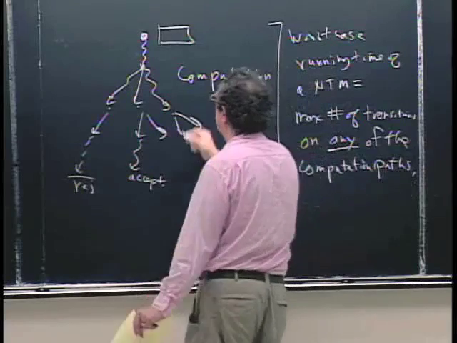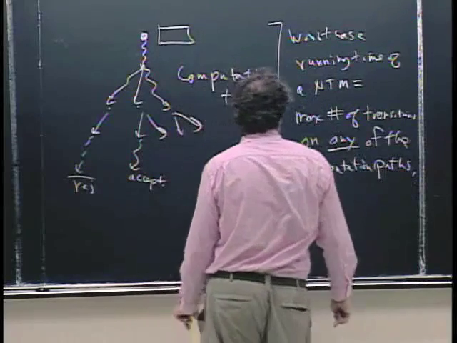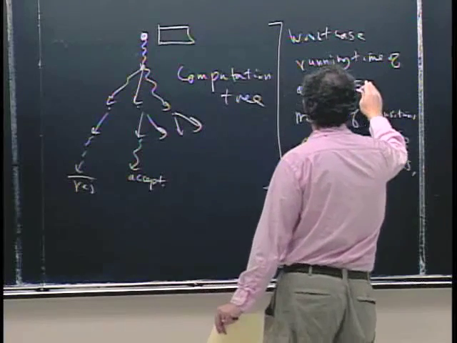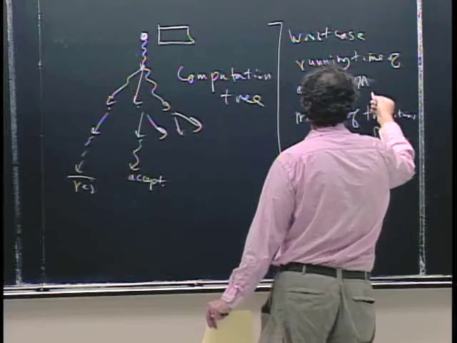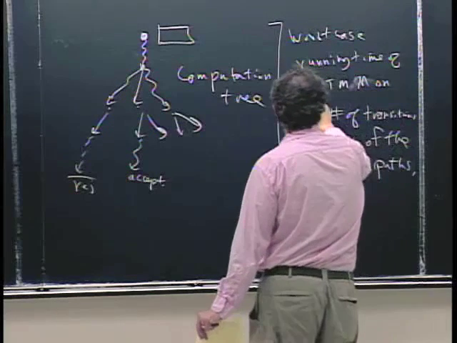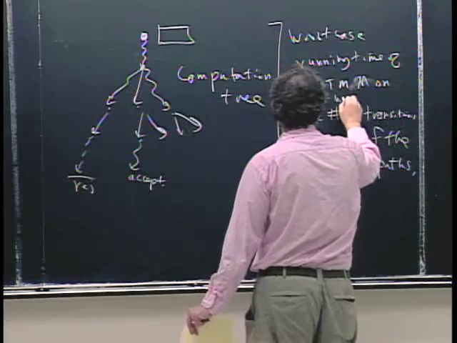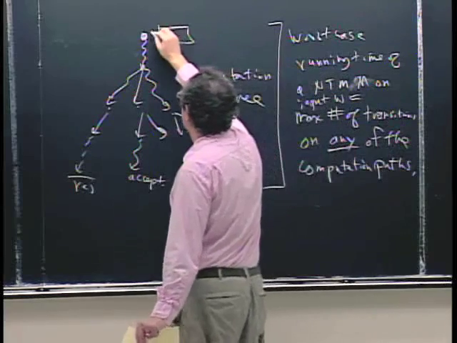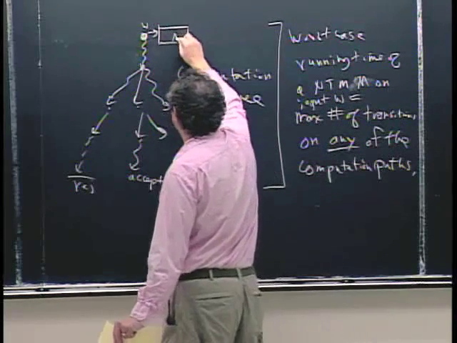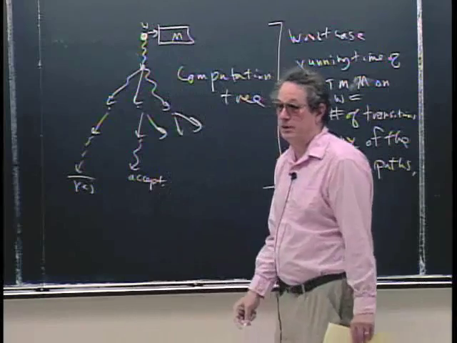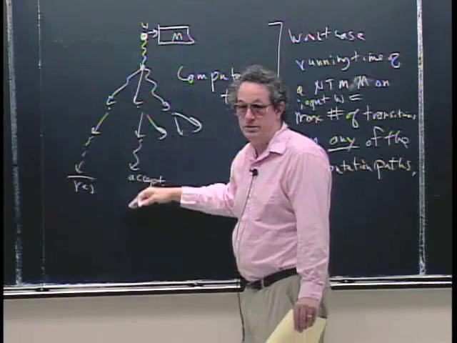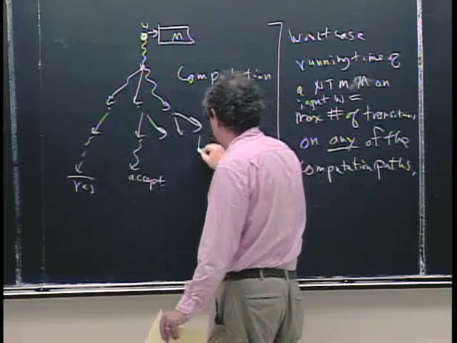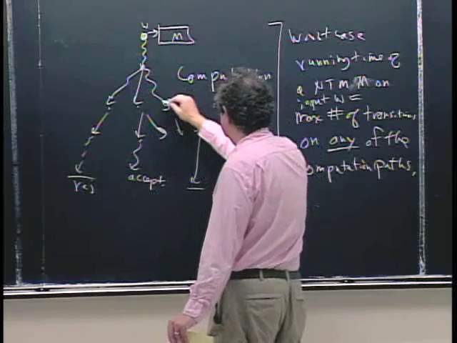So on a particular input W, a particular non-deterministic Turing machine M gets this computation tree, and each one of these paths halts.